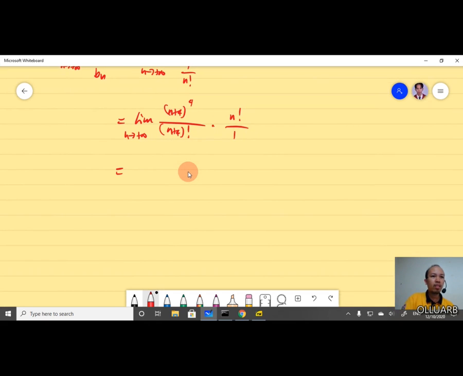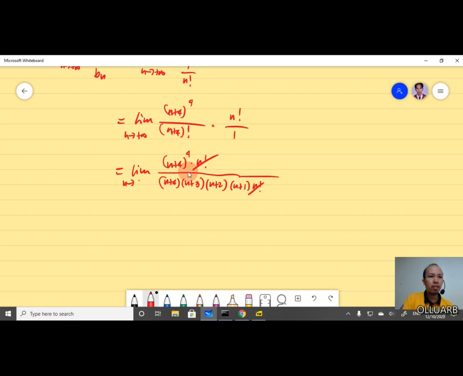Okay, so simplify. This will be n plus 4 to the 4 over n plus 4 factorial times n factorial over 1 as n approaches positive infinity. Let's further simplify. The numerator is n plus 4 to the 4 times n factorial. The denominator can be expressed as n plus 4 times n plus 3 times n plus 2 times n plus 1 times n factorial. This is from statistics; if you recall, this is how you simplify the factorial notation. So cancel.